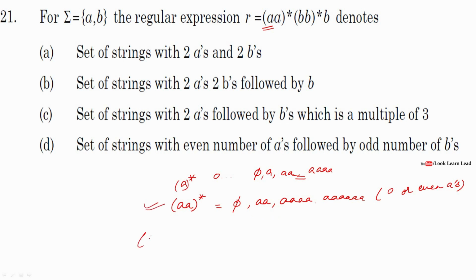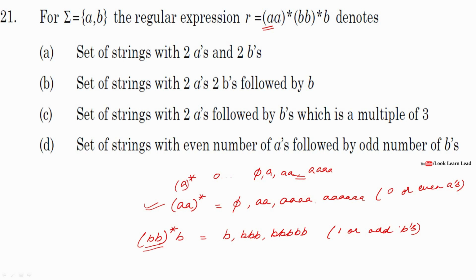Now for b we have b(bb) star. So here if it is 0, we can have b. If it is 1, we can have bbb. If it is 2, meaning 4, so we can have bbbbb. So it is 1 or an odd number of b's.